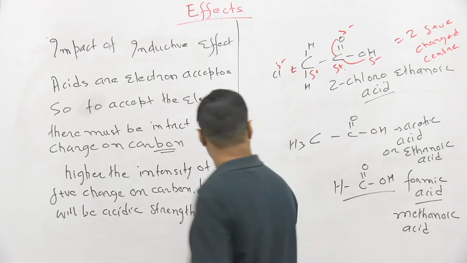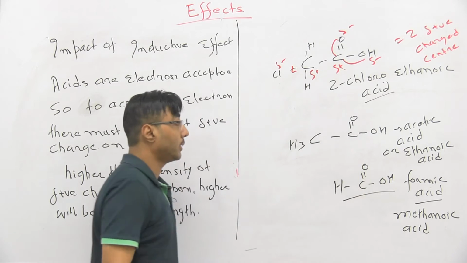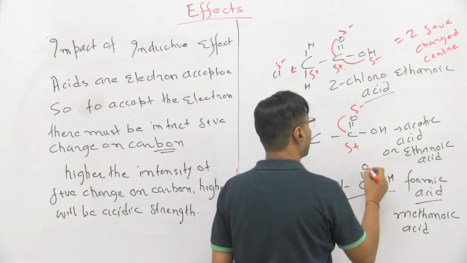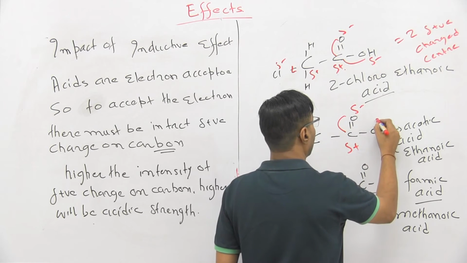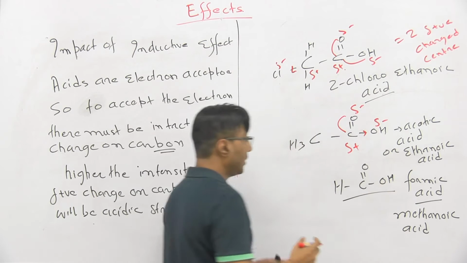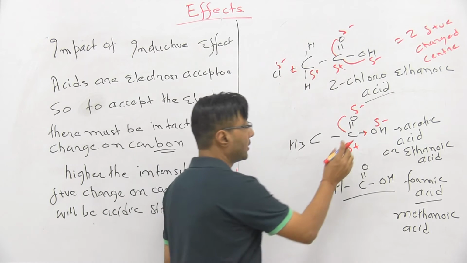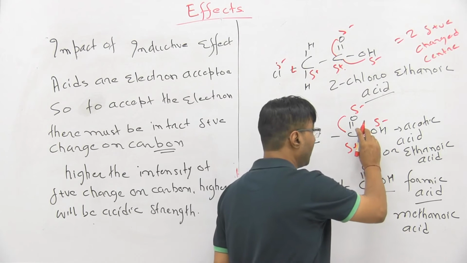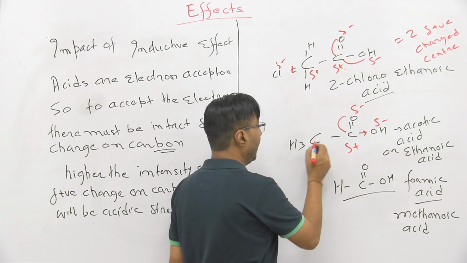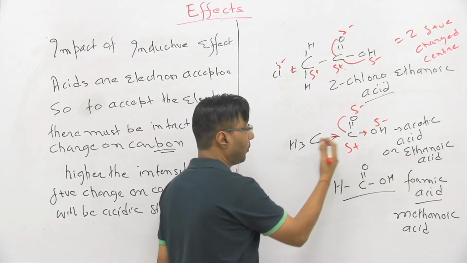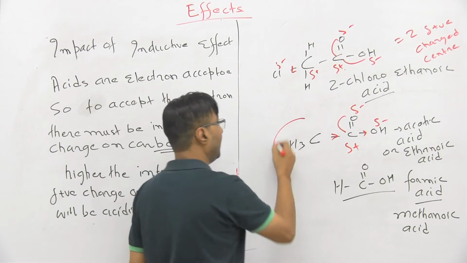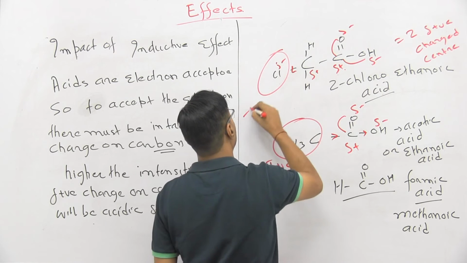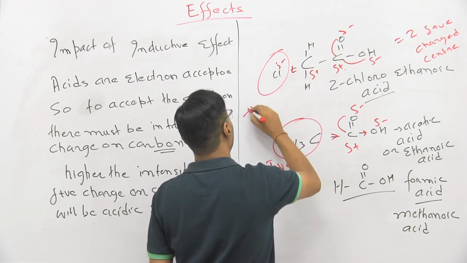When we compare this one with this, this is delta negative, this is delta positive, again a delta negative, because this electron has been pulled towards OH, and this CH3 will push the electron. CH3 has a positive I effect, chlorine has a minus I effect.